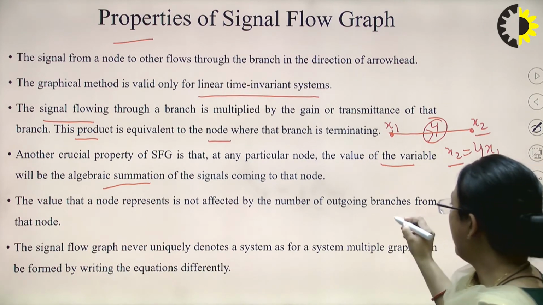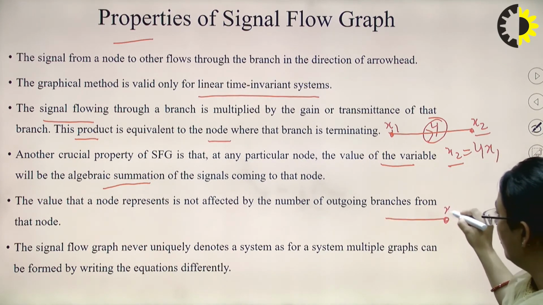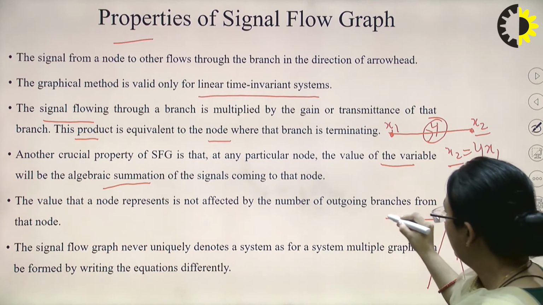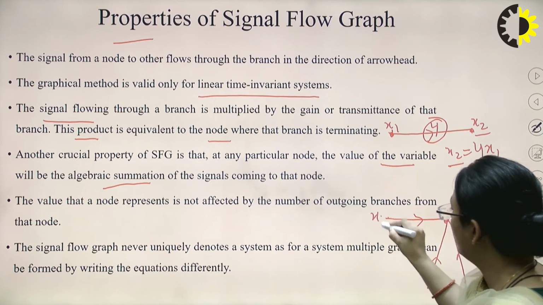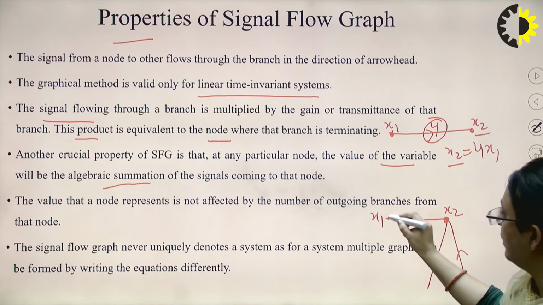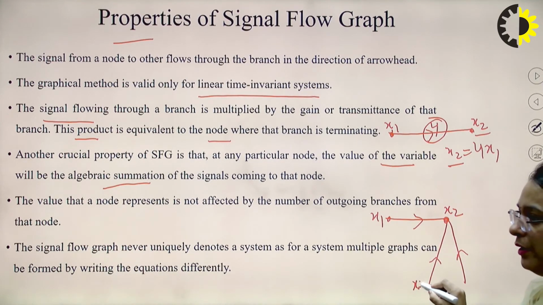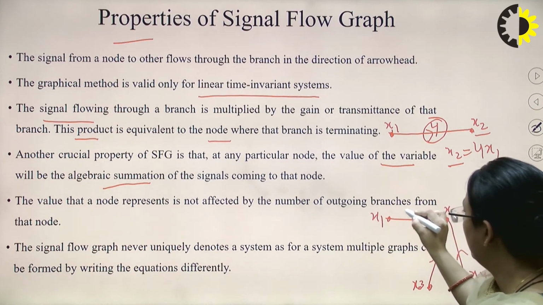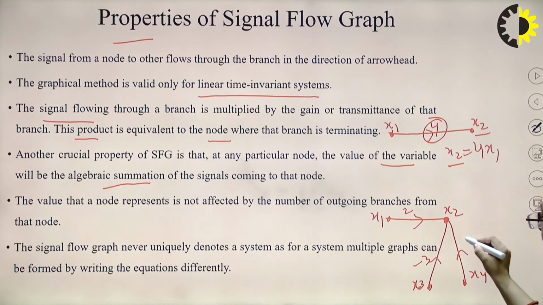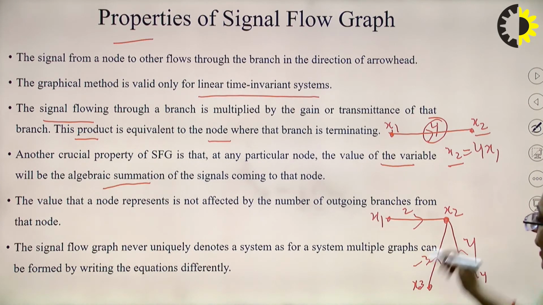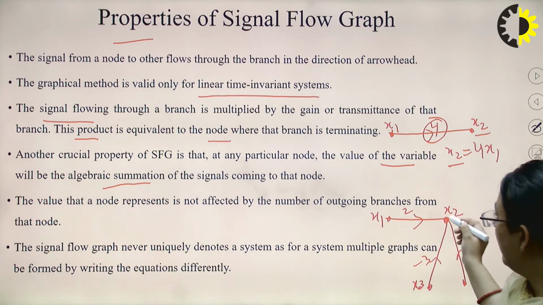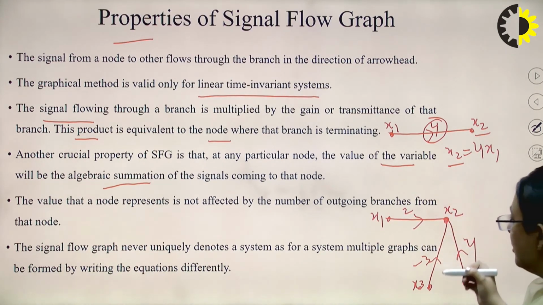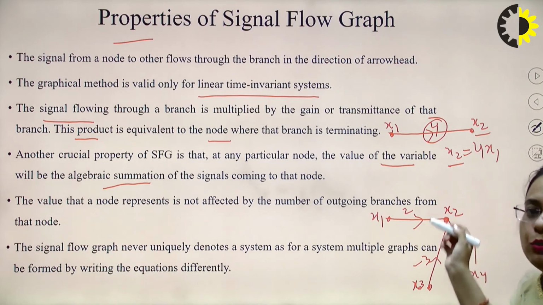Let's say we have a node x2 and three variables entering it: x1, x3 and x4, with gains 2, -3 and 4.